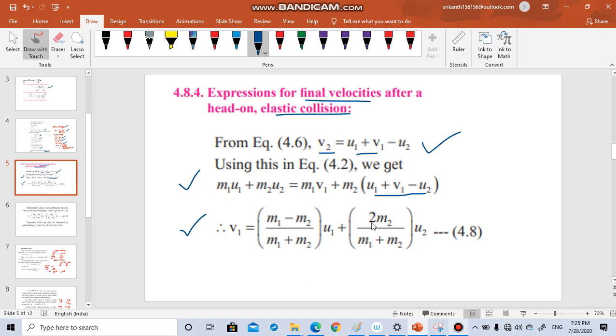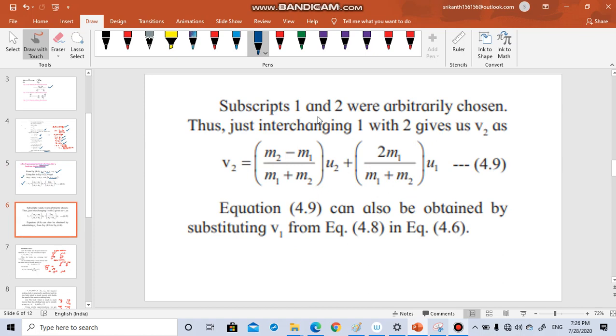For the second term, you write 2m2 divided by m1 plus m2. The subscripts 1 and 2 can be arbitrarily chosen; sometimes you can call 2 as 1 and 1 as 2, but the formula remains in the same fashion.